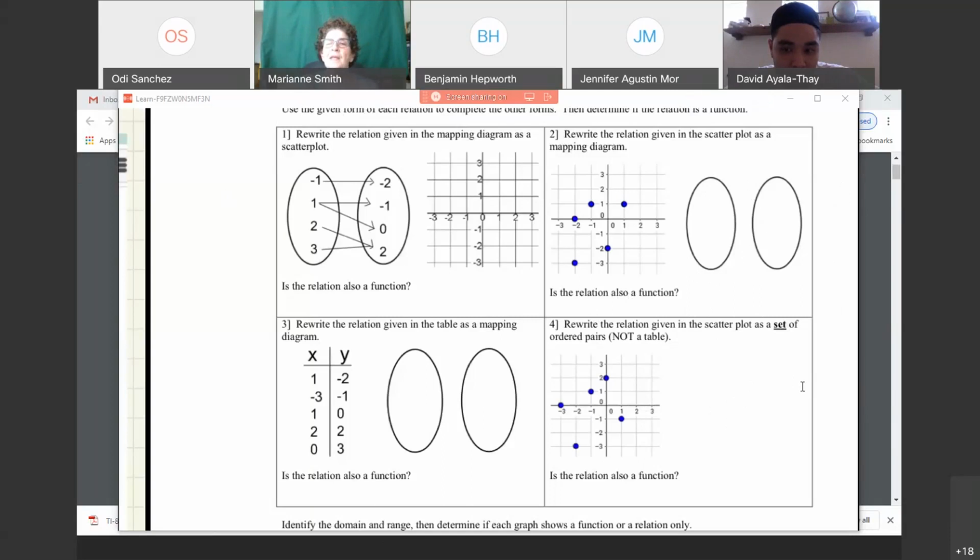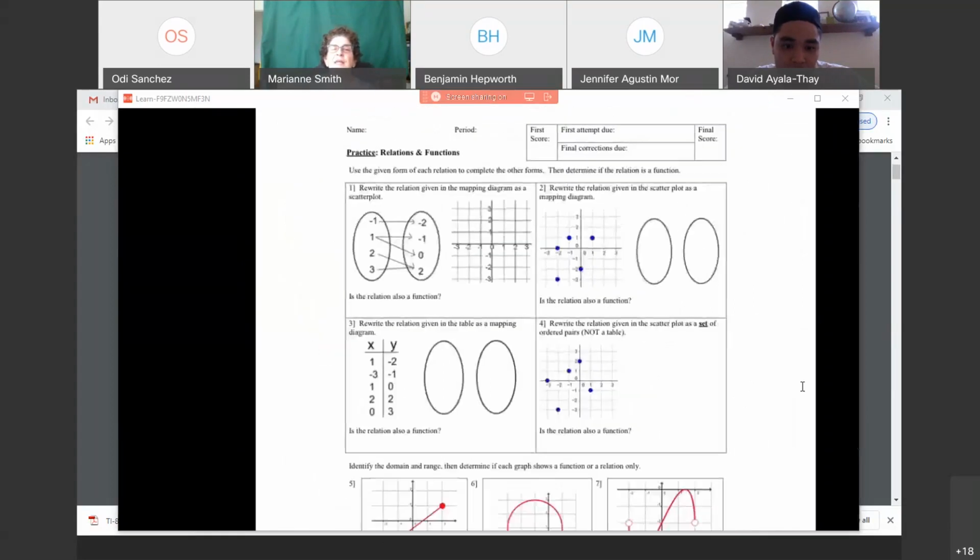If you take a look at it, we have a relation showing that the circle on the left holds our input values and the ellipse on the right holds the output values. This function takes -1 and maps it to -2. My input value would be x, and my output value would be y.